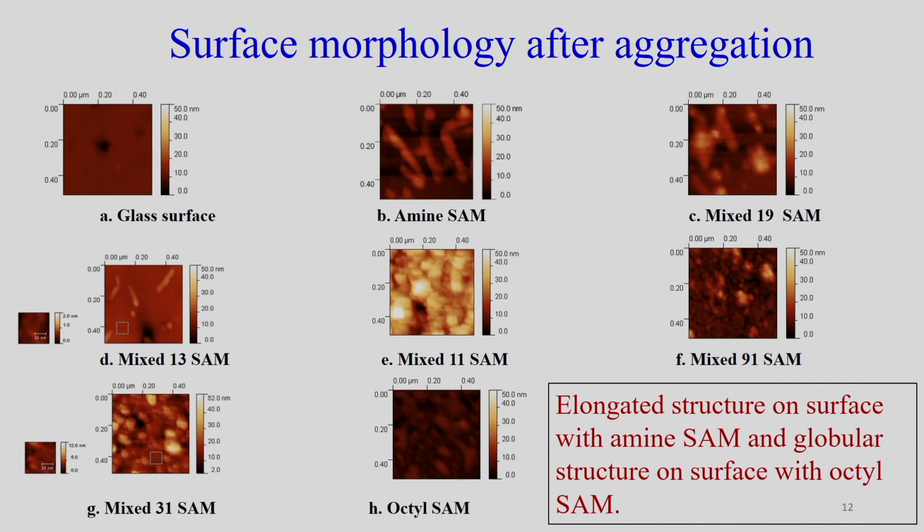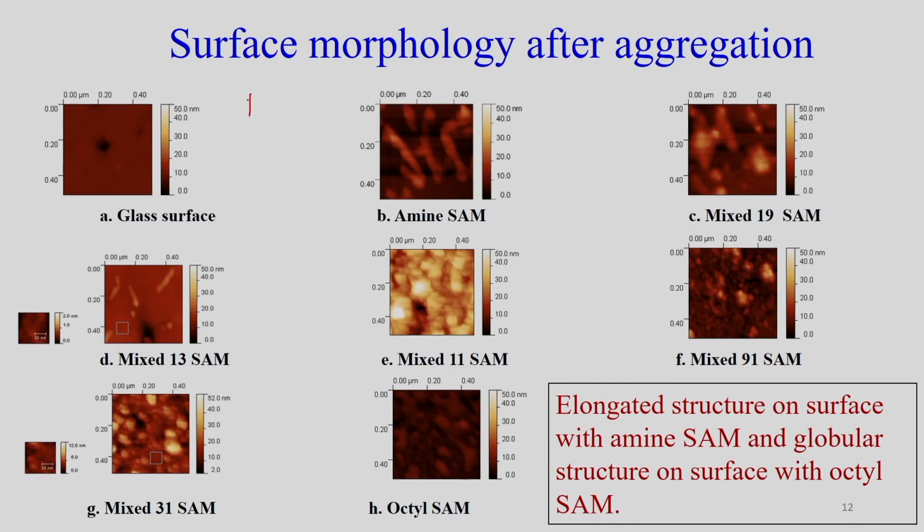Now, morphology on the surface, as I told, after the aggregation experiment, the surface morphology can be analyzed using atomic force microscopy. So, on the glass surface, which is highly hydrophilic, we cannot see any amount of aggregate here.